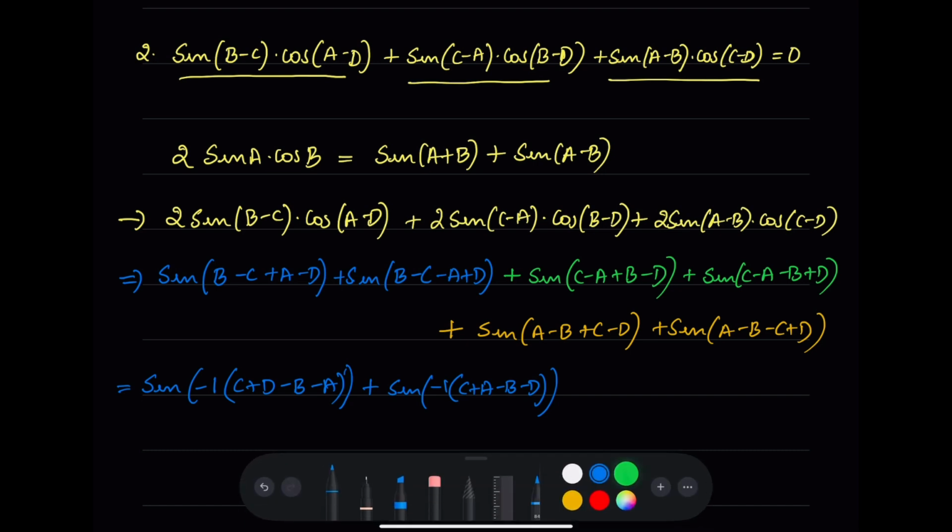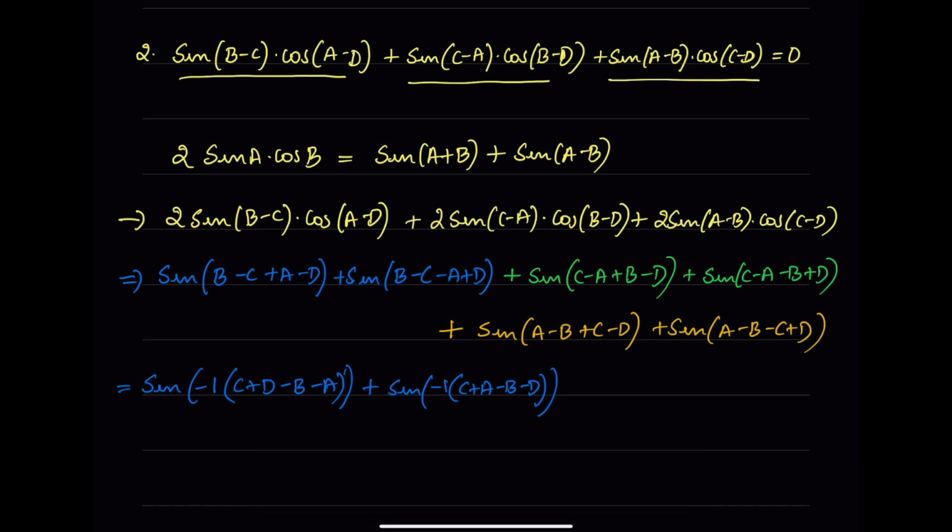Now the third term, what I'll do is plus sine of minus 1 times (A plus D minus C minus B). I already have negative values of these three terms, so I'll retain all the other terms the same way.